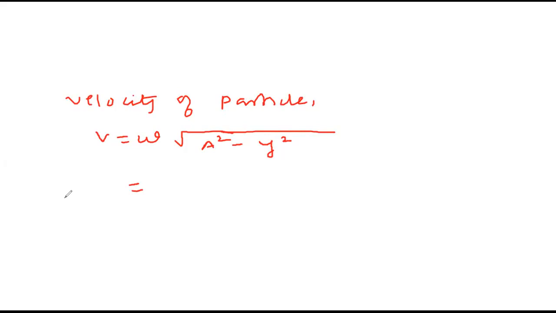What is the formula of y? It is given as 4 times sine of pi t upon 0.02 minus x upon 75.